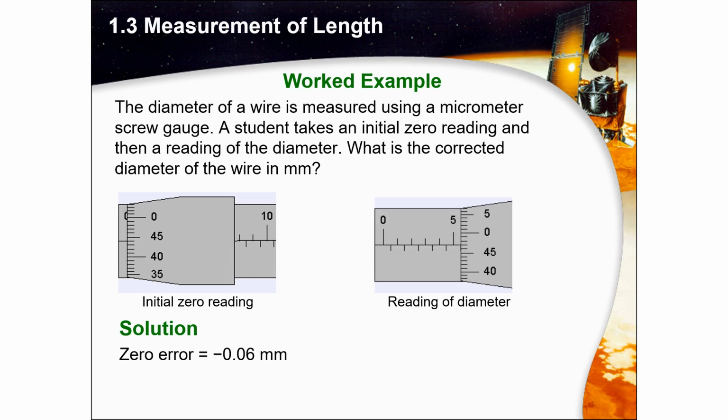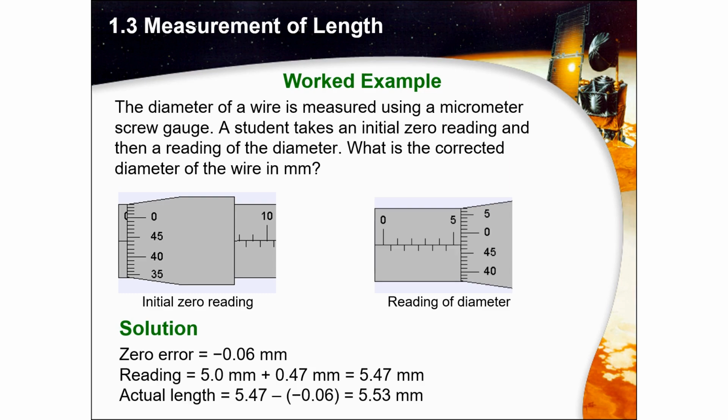Okay, 5 stops exactly, the datum falls on 5, and then we count from the thimble, we have 45, and then 2 more lines, we get 47. So we have 5.47 for the reading. And then the actual length, because we have a negative zero error, 5.47 minus 0.06, so we have 5.53. Okay.